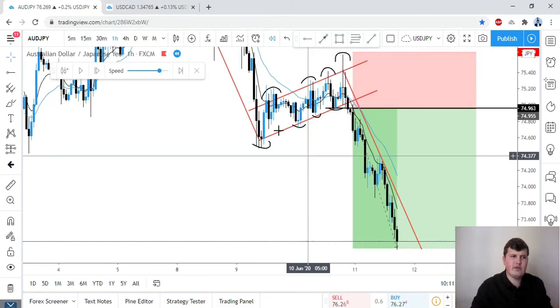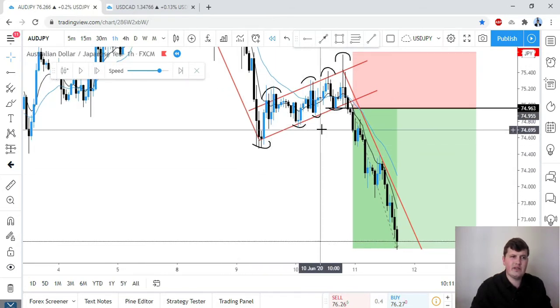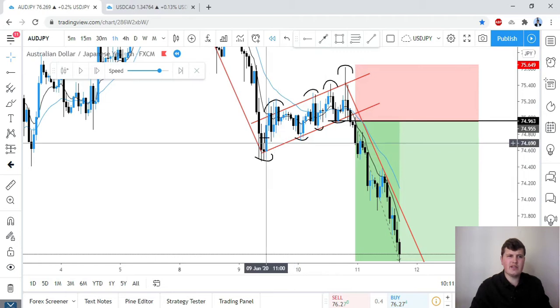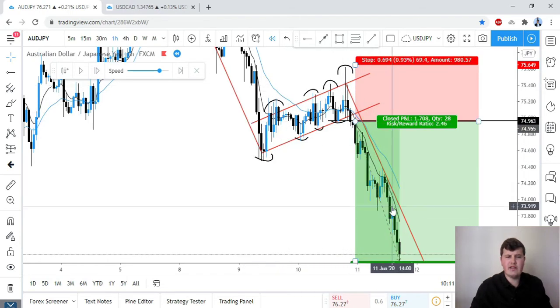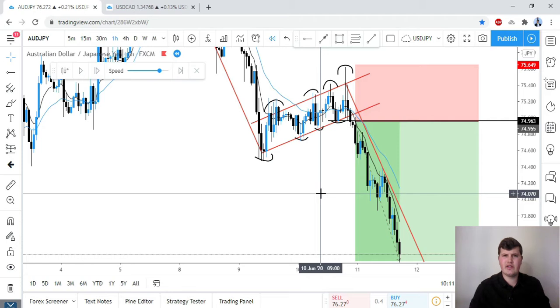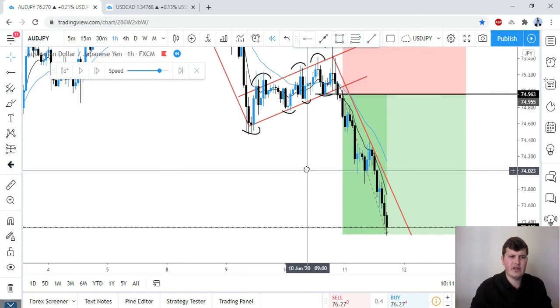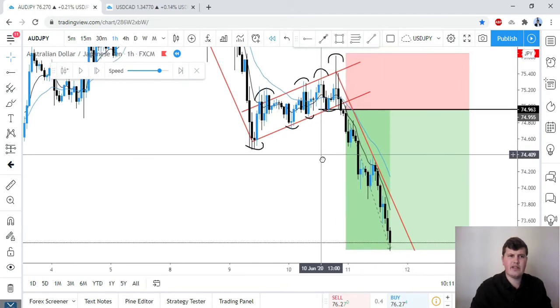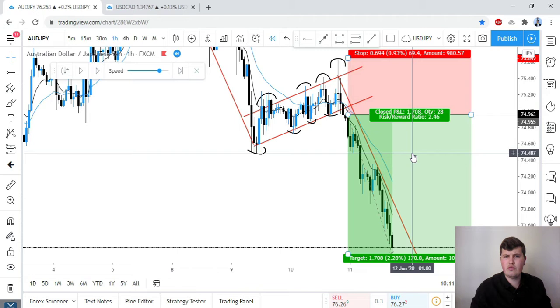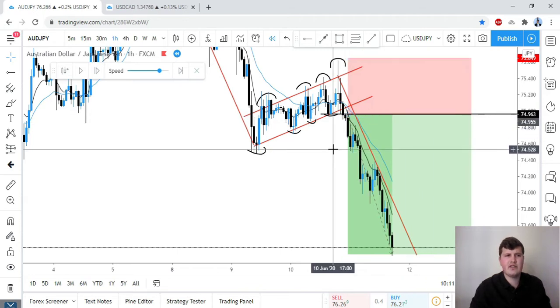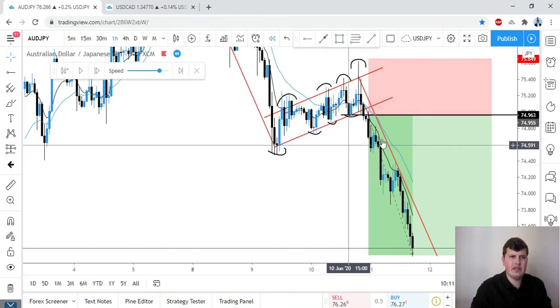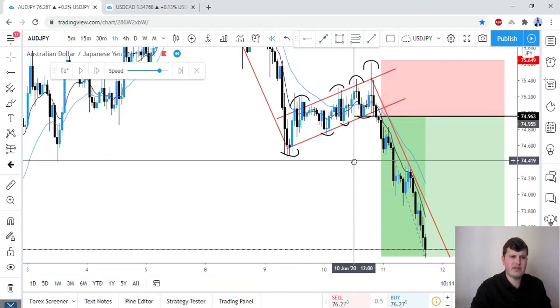And the thing with these chart patterns is momentum usually builds up, and then just aggressively continues in the direction of the chart pattern. So this was a really good trade setup with a risk to reward of 1 to 2.46, and it would have made you a lot of pips in this trade.